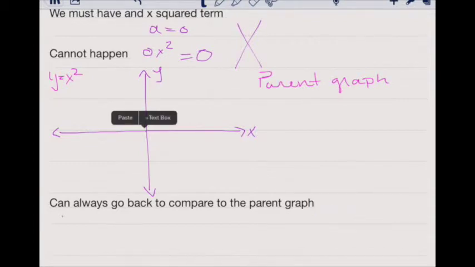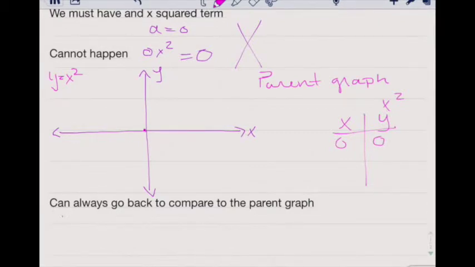So, for just the graph of x squared, I'm going to start off at 0, 0. Because if I put in 0 for x, and remember, y is actually equal to x squared, 0 squared is 0. If I do 1, I'll get 1 out.